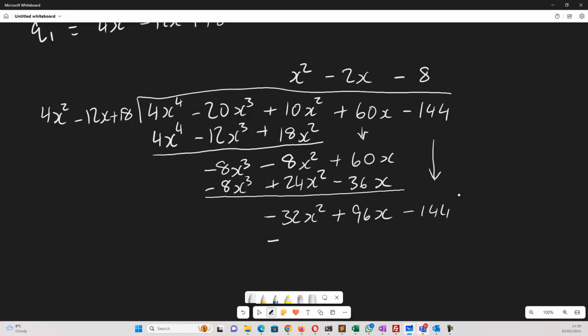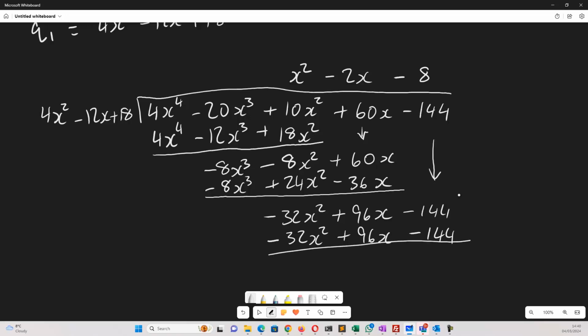Okay, so we've got minus 32x squared. Minus 12x times minus 8 is plus 96x. And then we've got 18 times minus 8, so that's going to be minus 144.